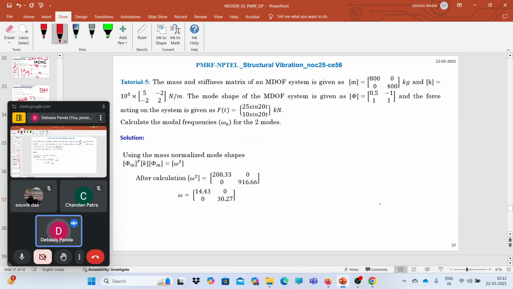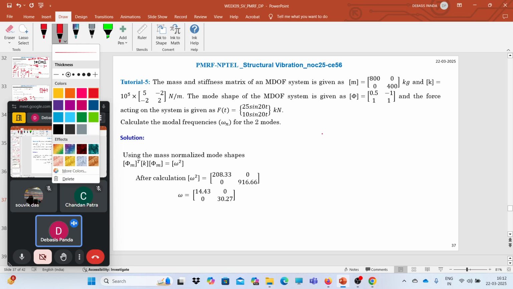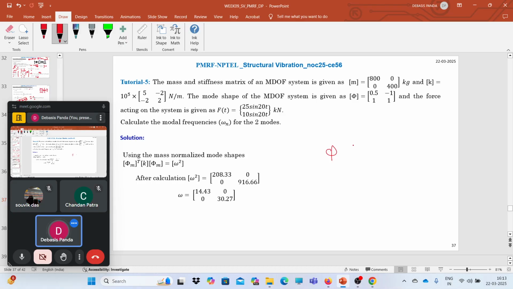Now let's move to the next question. Same question. Now calculate the modal frequency. Look, the frequencies are not given. We can calculate the modal frequencies easily using the concept of the spatial matrix, like phi transpose k phi, which is nothing but the omega n square matrix, right?